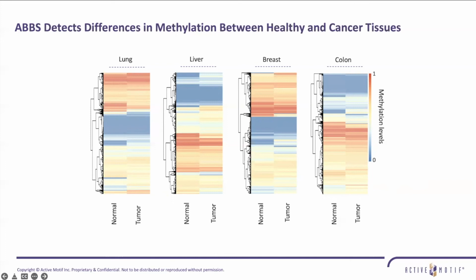For instance, there is a cluster of regions here that are hypermethylated in normal tissue and that lose methylation in tumor tissue. Or the opposite: we have a cluster of sites in the normal tissue that seems to be hypomethylated and that will gain methylation during tumorigenesis. So we do see differences in methylation between different tissues when using the ABBS technique.